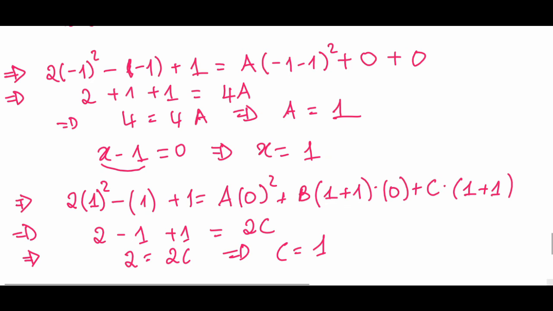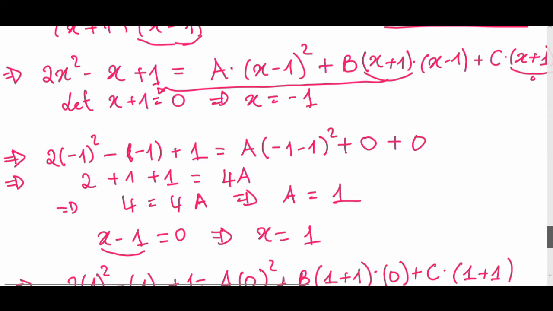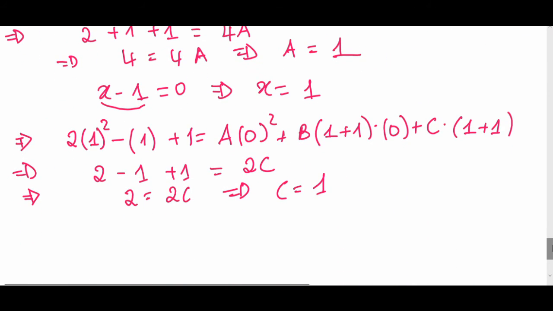Okay, now I can let x be any number I choose, because I have a and I have c. It will now be very simple for me to find b.